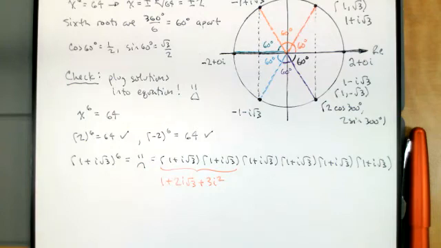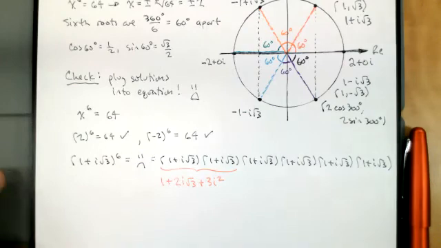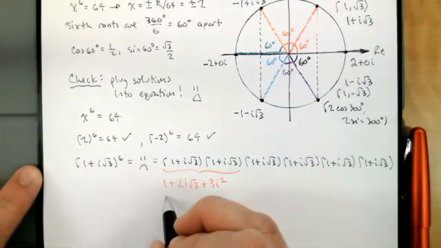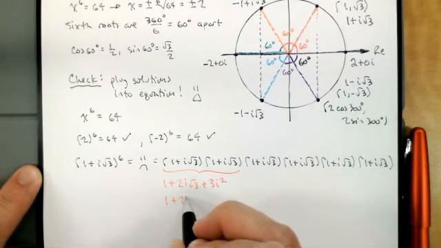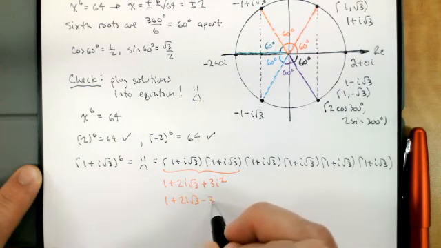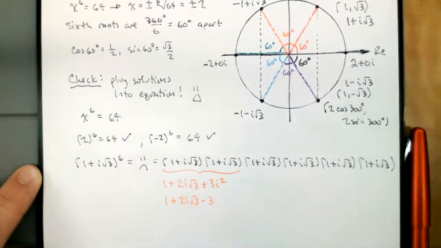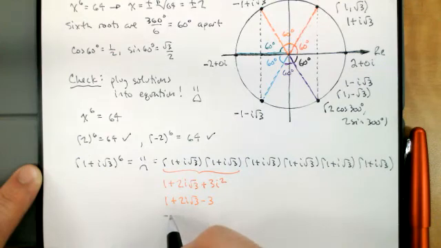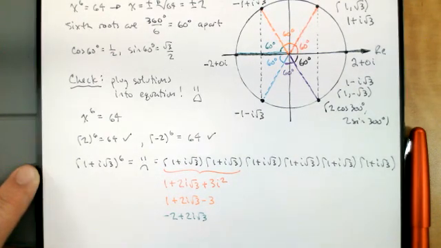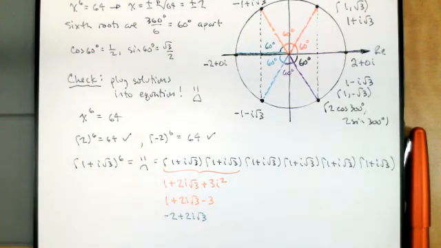But the advantage that we have is that i squared is equal to -1. So I have 1 plus 2i root 3 minus 3. And 1 minus 3 is -2. And that's those first two.